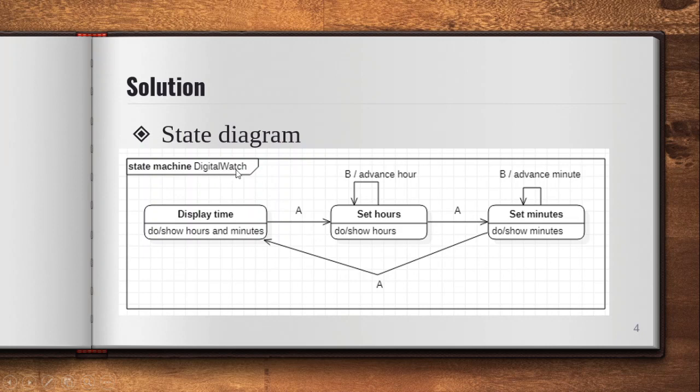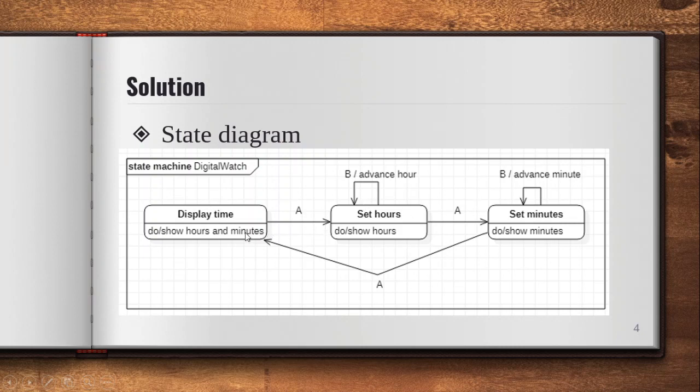Digital watch is the name of the state diagram. These are the states, and the UML notation for representing a state is the rounded box. Here you can see there are three states: display time, set hours, and set minutes. For these we use the rounded box.